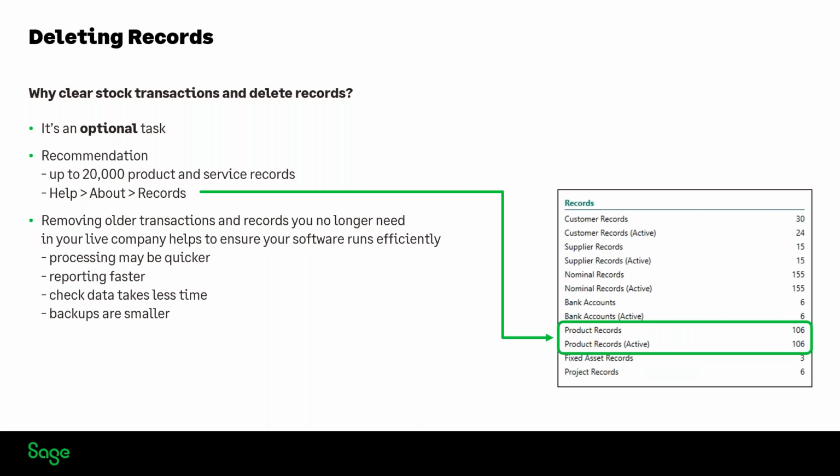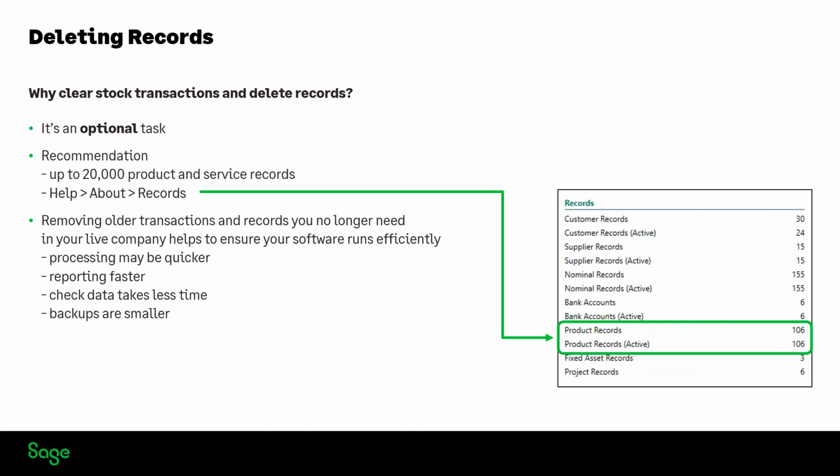So yes, there are advantages, but obviously disadvantages. You're removing data, I suppose. So you're removing old records. But if you're in that position where you think, well, product records, particularly if you work in clothing and things like that, where you've got seasons, you think, well, actually, we don't sell that product anymore.